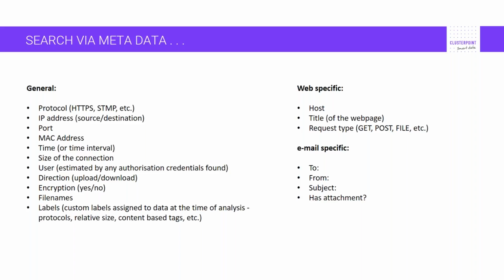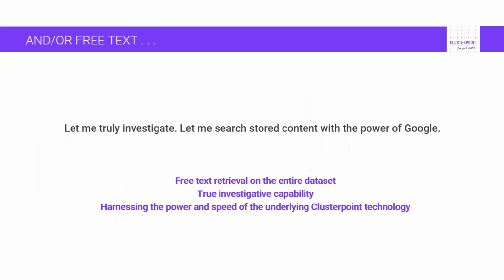Now, in terms of the metadata that you can search, and I'm not expecting you, by the way, to read this detail at all, but this gives you some idea of the scope of information that's captured by the NTSS solution. So it's allowing you, and is storing any of these items for you, to query as part of either a real-time alert, where you want to know when something which complies with certain conditions stated around these points occurs, or a combination of that plus documents, emails, web pages that have been browsed that may contain some of the content, the words that you believe would be an indication of what's gone on.